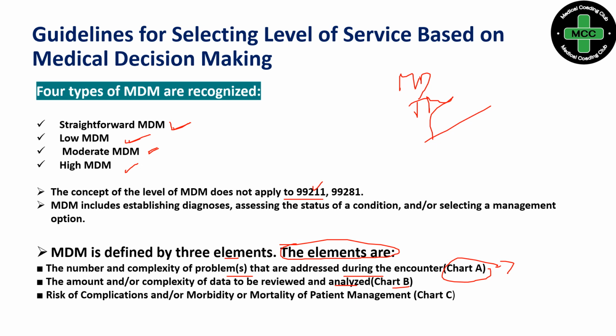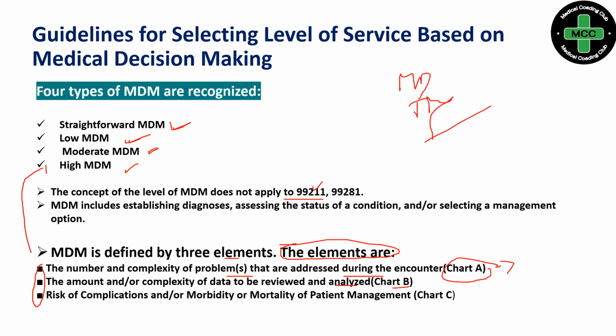And at last, the risk of complication, which is nothing but patient management, that is the treatment plan. In order to treat the patient's condition, what treatment plan is the provider giving? We have to check all of these three elements to get the final MDM level.